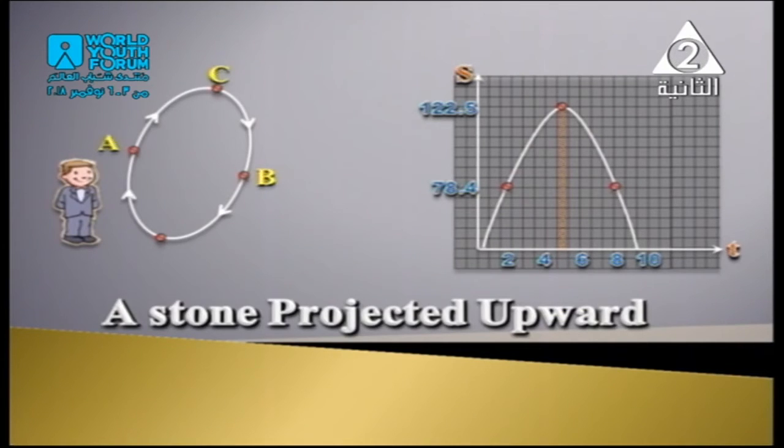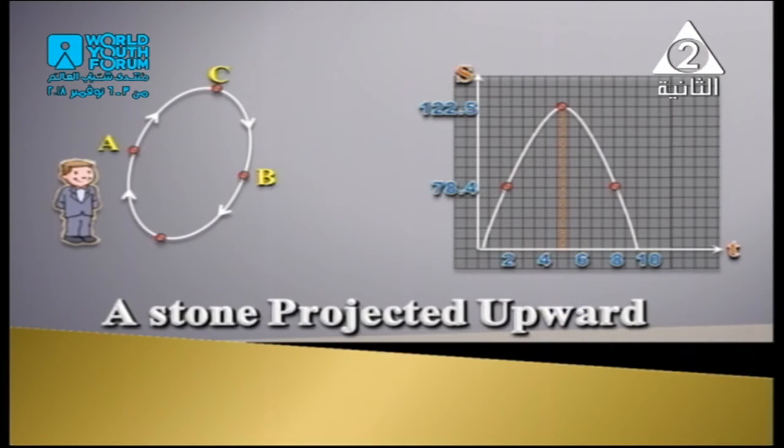The distance up and the distance down. The distance up when t equals 2 is 78.4. The distance down, when the stone is returning, when t equals 8, is 78.4.